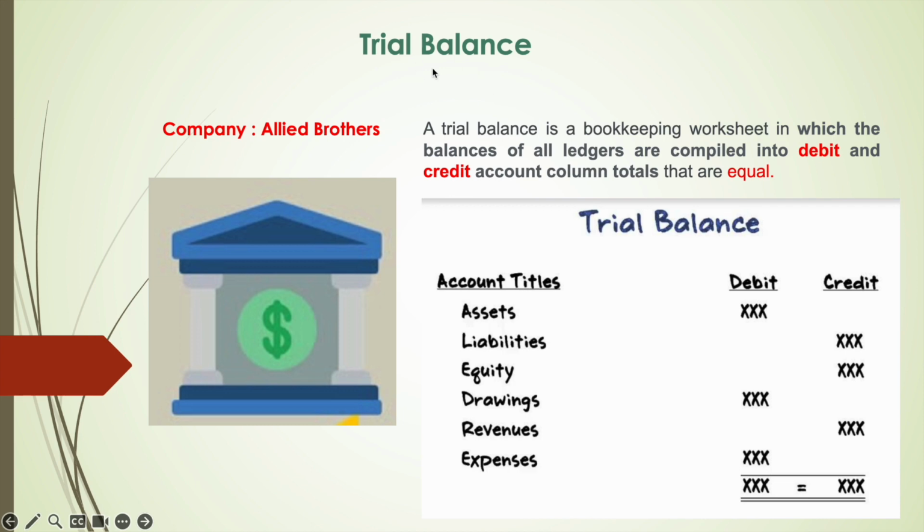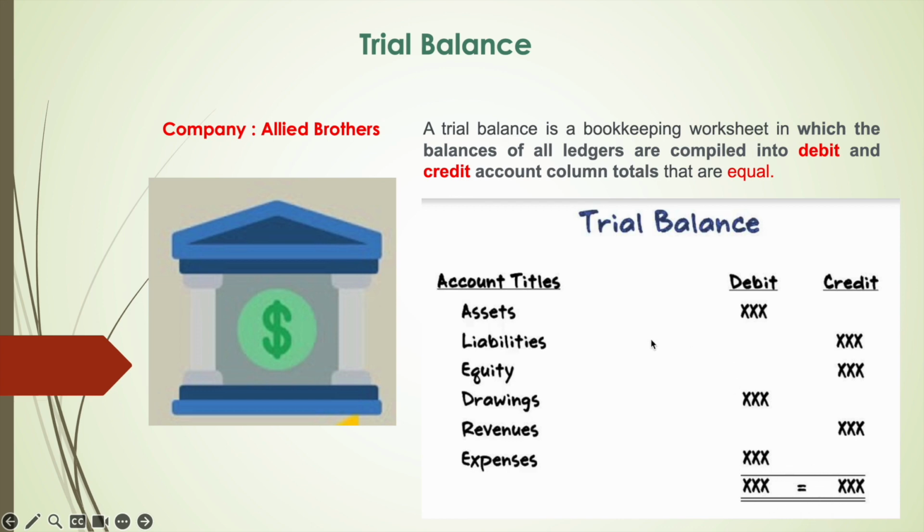What is a trial balance? A trial balance is a list of all the general ledger account balances of a company at a specific point in time, typically at the end of an accounting period such as a month, quarter, or fiscal year. The purpose of the trial balance is to ensure that the total debits equal the total credits in the company's accounting records, thereby verifying that the accounting equation remains in balance.